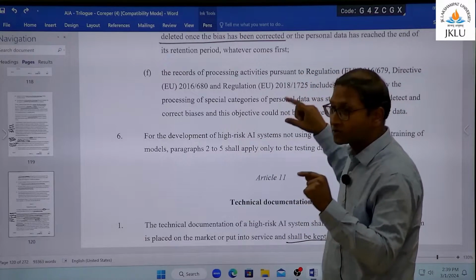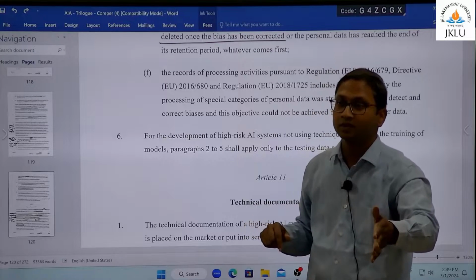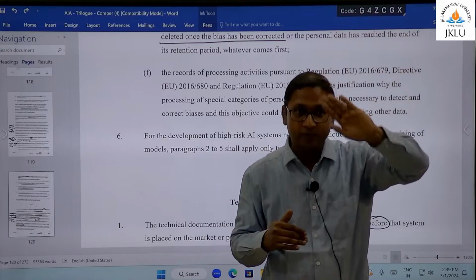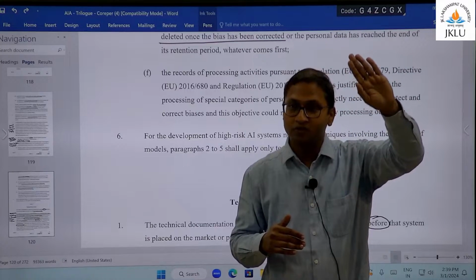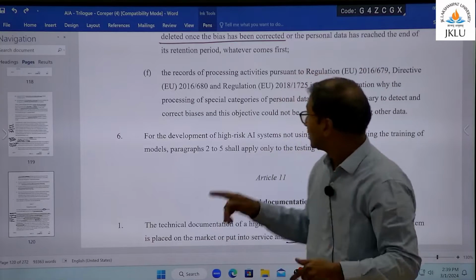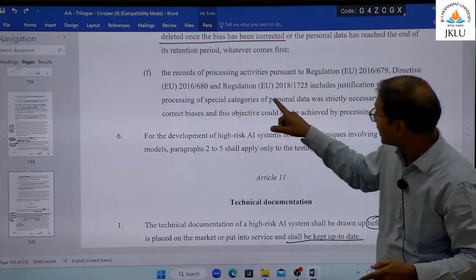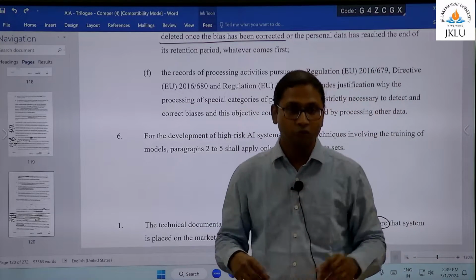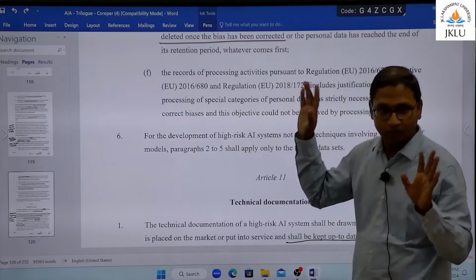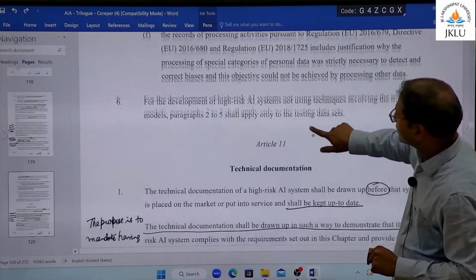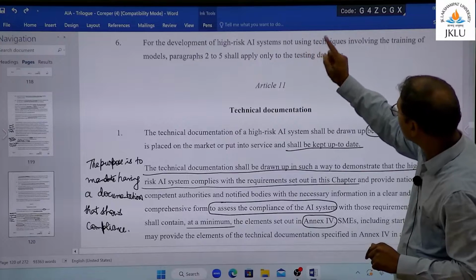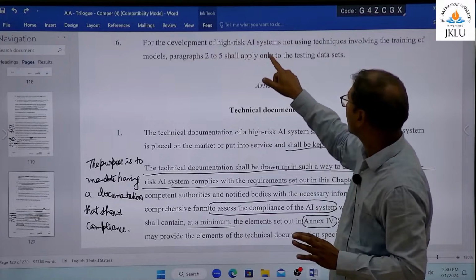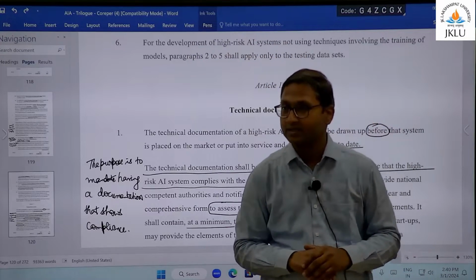Now this gives you the third level of scrutiny. First was quality management. Then in quality management we saw if you are trying to process personal data, other rules. This says if you are processing the special categories of personal data, then third level. So GDPR basically defines all these things, we are not doing that, but so for the development of high risk AI systems not using techniques involving the training of models, paragraph 2 to 5 shall apply only to the testing data sets.